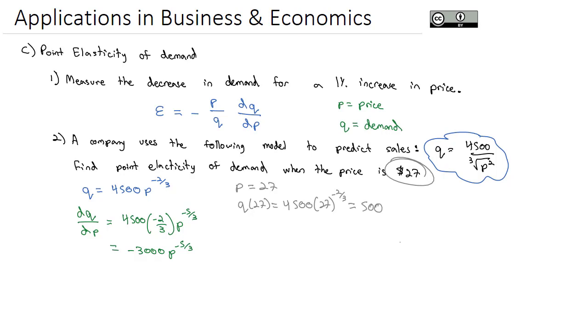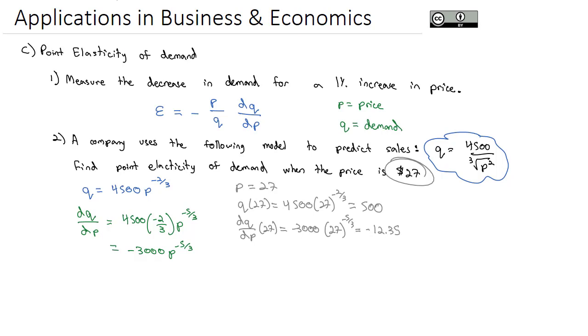That's 500. So the demand is 500. The derivative of Q with respect to P at 27 is negative 3,000 times 27 to the negative 5/3 power. The derivative then is negative 12.35.